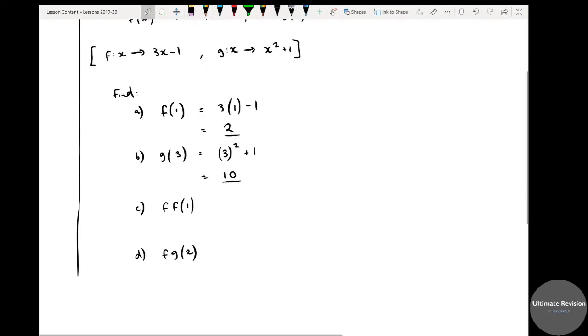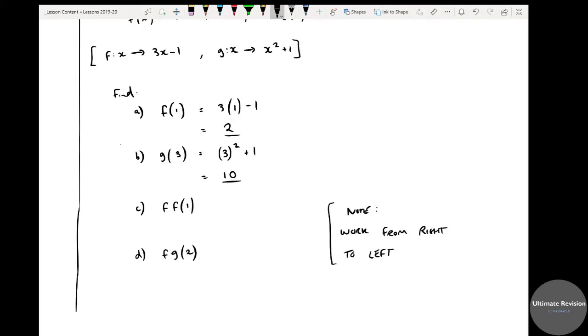Okay, now this is where it gets a little bit different. ff1 and fg2. Now the tip for these, and this is worth writing down, so the note for these is work right to left. Okay, work from right to left.